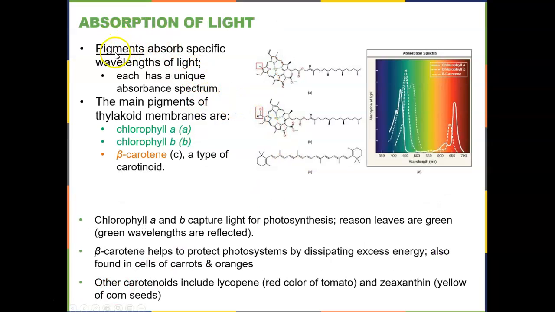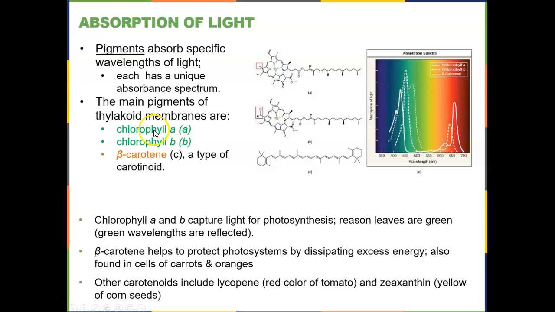Plants in their chloroplasts have pigments which can absorb specific wavelengths of light. Specifically, those pigments tend to absorb in the blue and the red ranges. So there are chlorophyll A and chlorophyll B. I've colored them green because they appear green, but they are actually absorbing red and blue light.